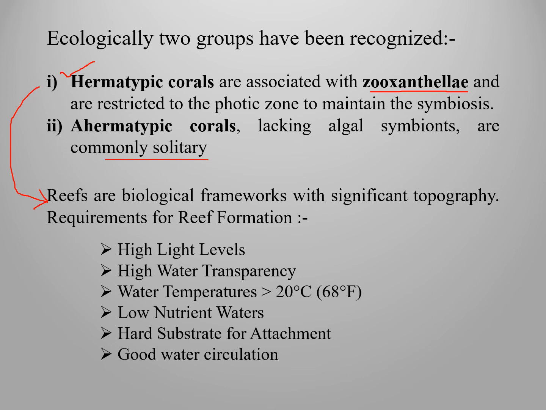So this is a biologically produced wall-like structure formed when the corallites of coral mutually join together and form a kind of barrier. This topographic feature is known as a reef.